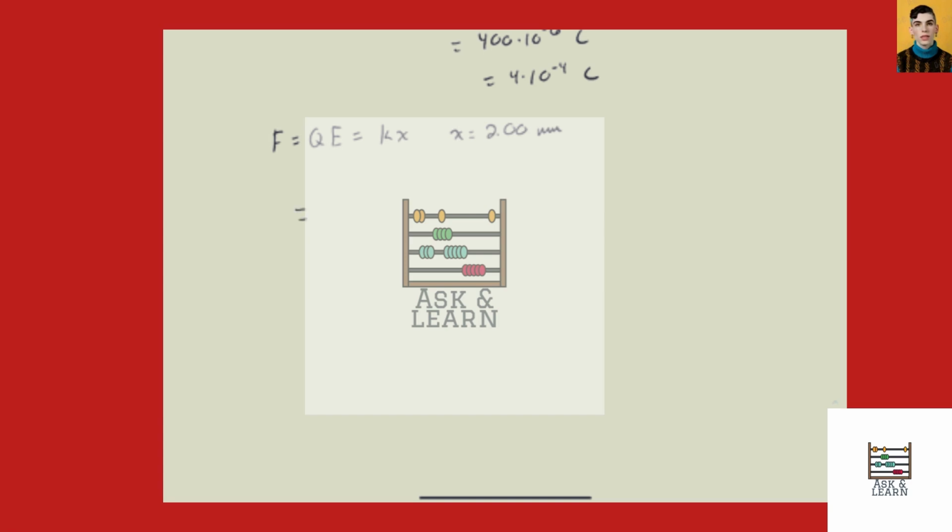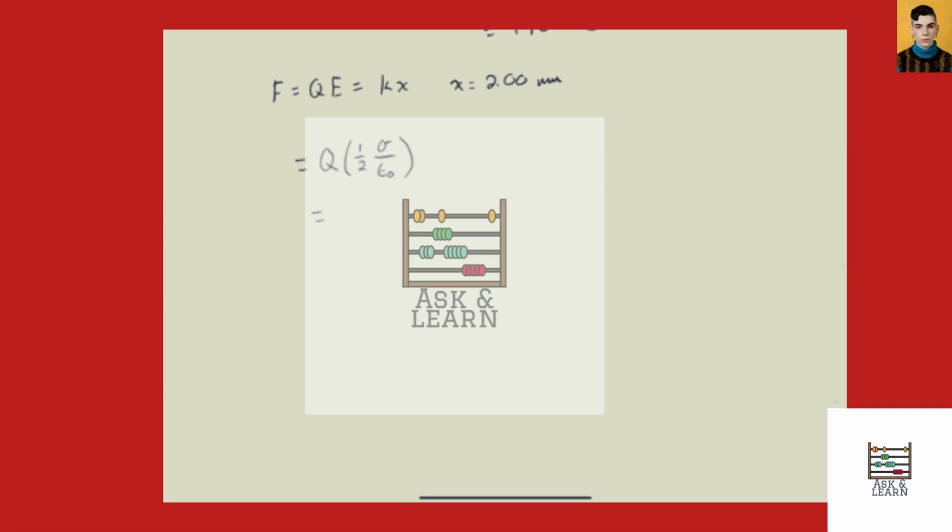So now, E is sigma over epsilon naught, but for either plate it's only 1/2 that, because they're each going to contribute exactly half the total field.